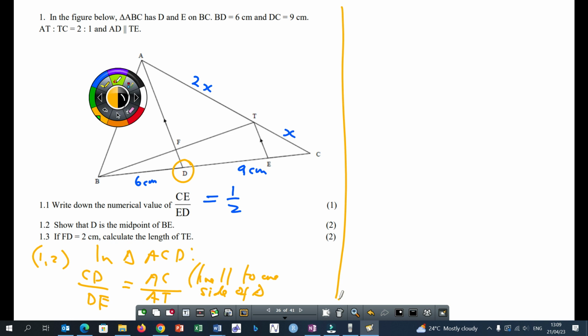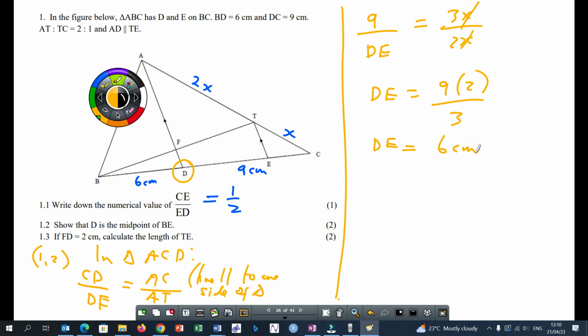Right? Then from there I'll substitute. Okay, my CD is 9 and DE is the one that I want to calculate. Okay? Then AC is going to be equal to 3x and AT is going to be equal to 2x. Right? So if I do the math here, my DE is going to be equal to 9 times 2 over 3 because these two cancel out. So you end up getting 6. So that's 6 centimeters.